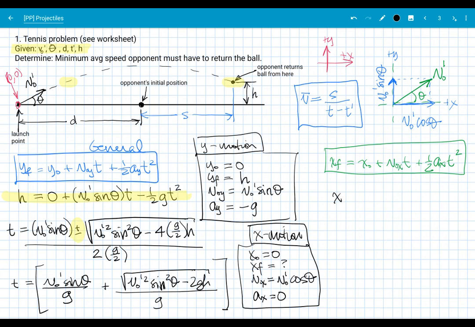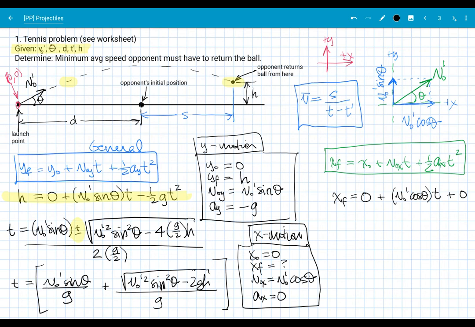So x final is what I'm trying to find. X final is equal to 0 plus V naught prime cosine theta times t plus 0. So that's super handy.